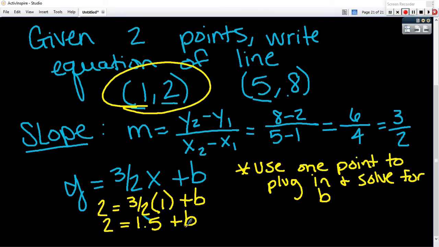Now how do I solve for b? How do I get b by itself? Subtract 1.5. I'm out of room here. What does b equal? What's 2 minus 1.5? A half.